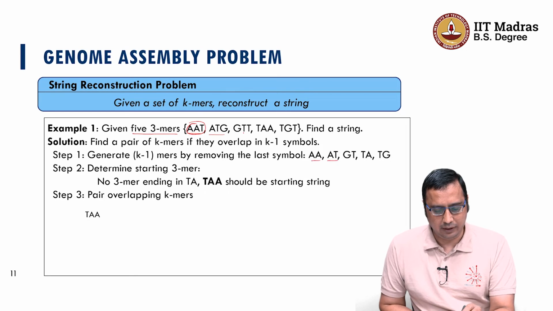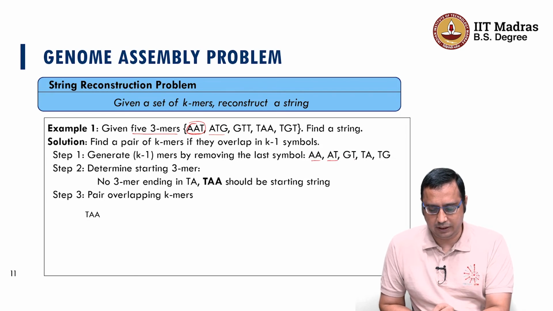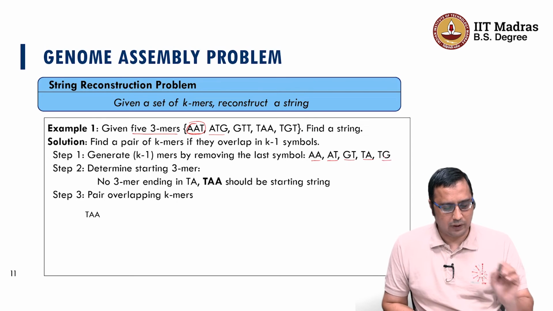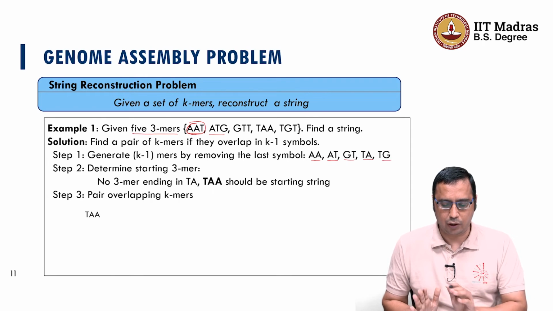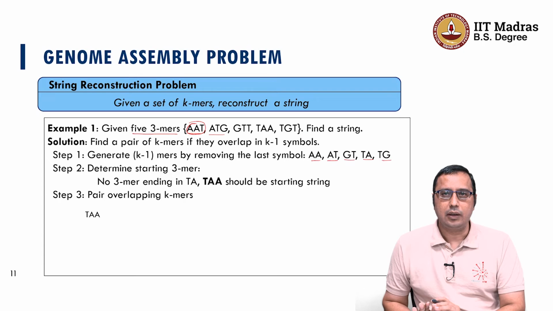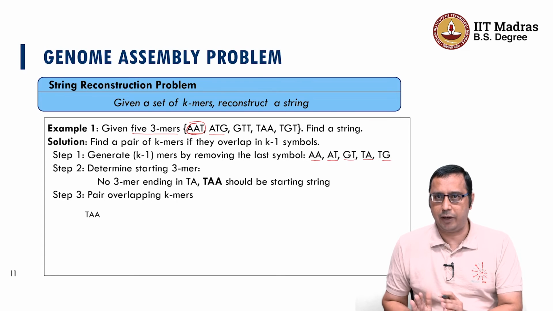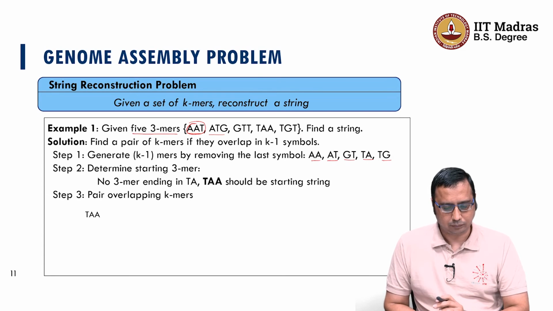For GTT, by removing T we get GT. TAA, we remove the A and get TA. And TGT, we remove T and get TG. So the first step is done. We got all k minus 1 mers by removing the last symbol.